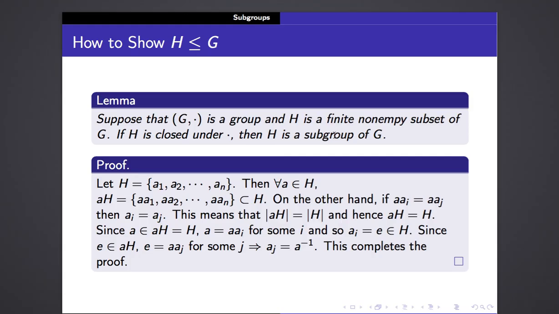This is interesting because when H is a finite subset, all you have to check is that H is closed under the multiplication, then H is a subgroup. So even simpler than the previous criterion.